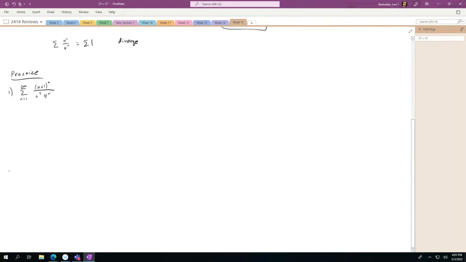This one's pretty similar to the last one. Then lastly, do the sum from n equals 1 to infinity of (2x plus 1) to the n divided by 5 to the n root n. I will give you a few minutes to work through these.